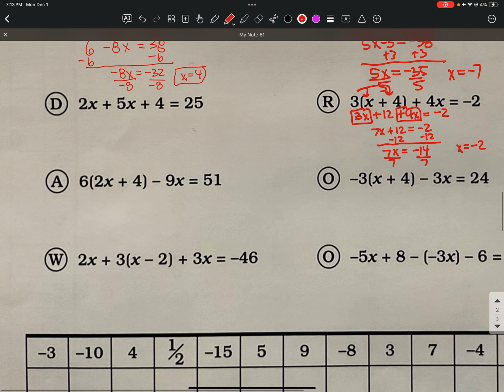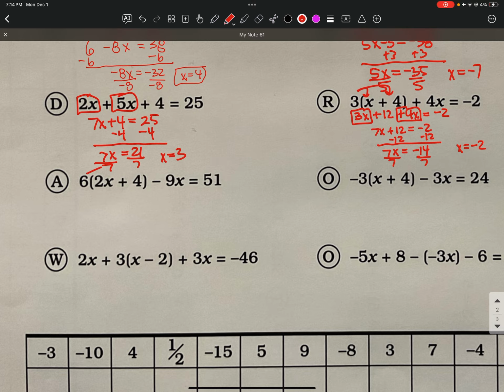All right, I missed some over here. Okay, I'll do all these. 2x's and 5x's is 7x's plus 4 equals 25. Let's minus the 4 and move it over here with this one. 7x's equal 21. Divide by 7. X equals 3. Over here, 6 times 2x is 12x's. 6 times 4 is plus 24. Minus 9x's equals 51.